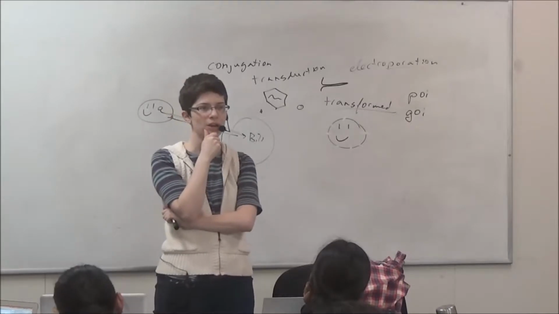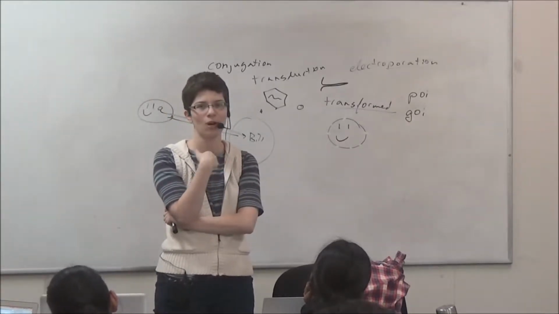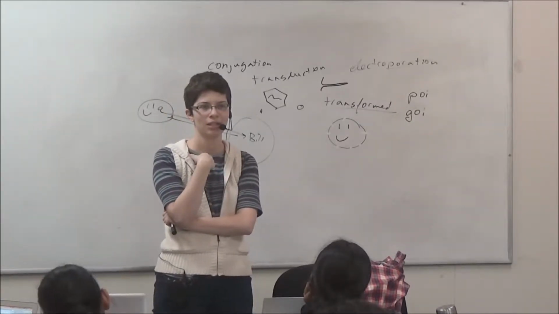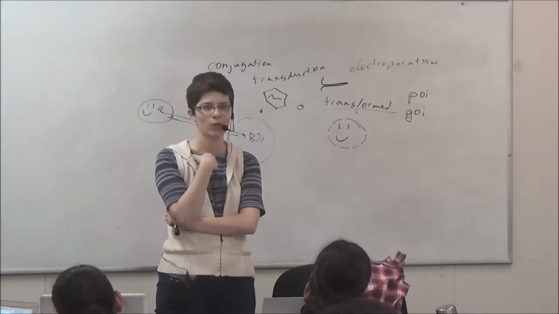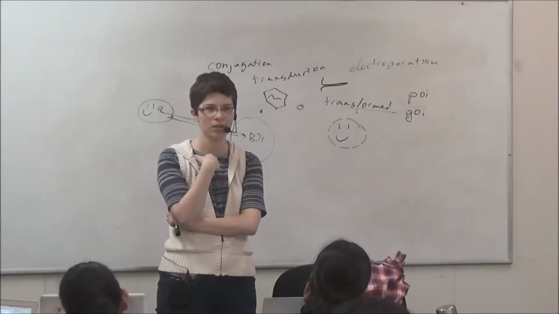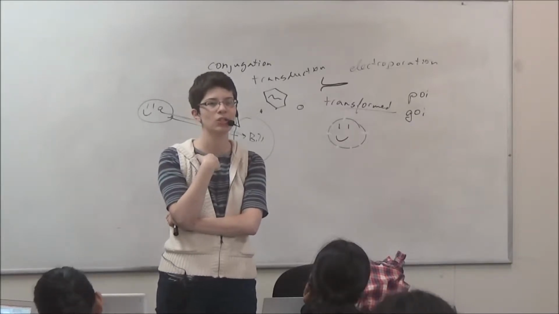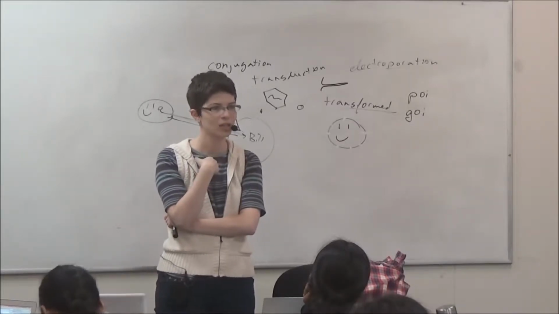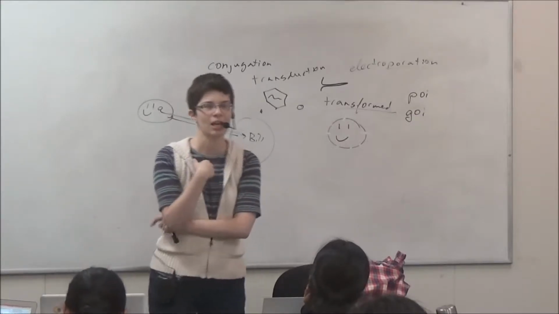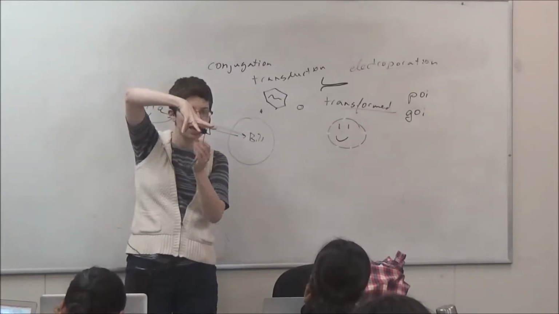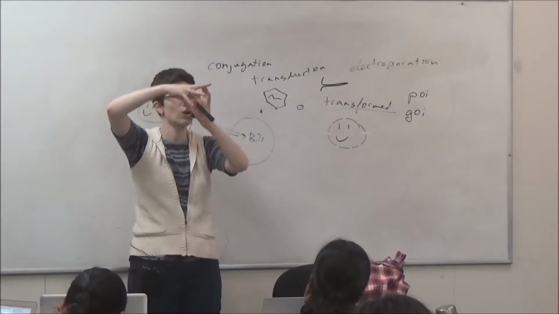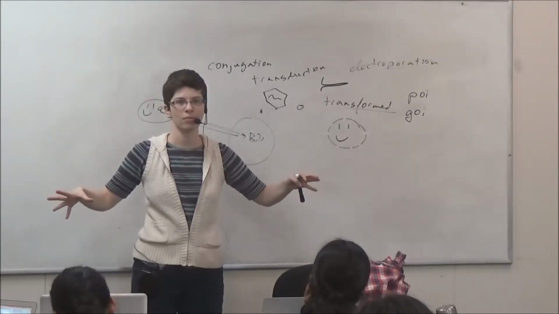So here's my question for you. How can I make a virus that has the gene I want inside it? Where do viruses come from? Hosts. And how do the hosts know what to do to make the virus? DNA. The virus injects DNA, the DNA tells the host what to do, the host makes more virus.